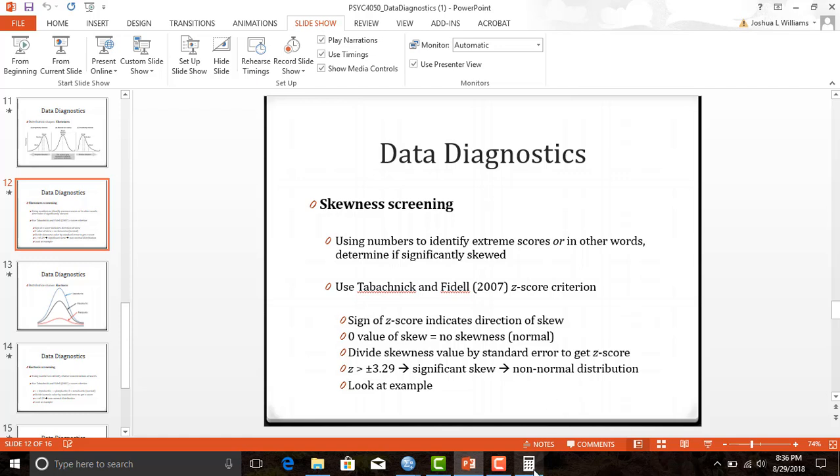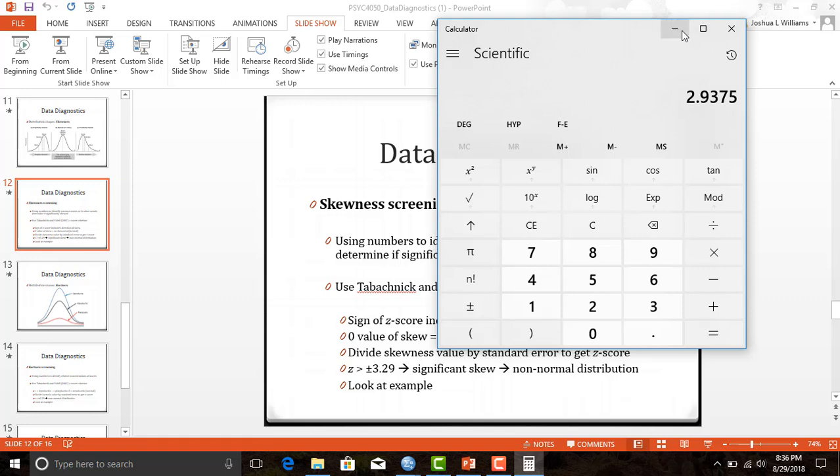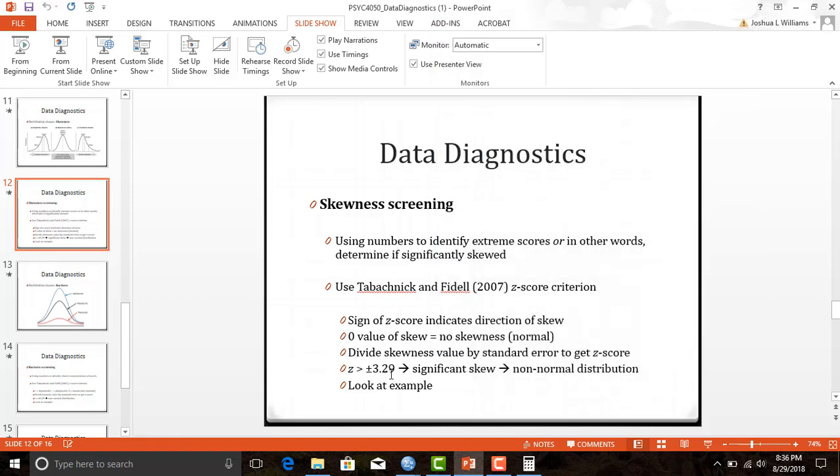Our value, 2.94, is less than 3.29, therefore we conclude that it is an approximately normal distribution. In other words, we do not have a significant skew because it was not beyond 3.29.